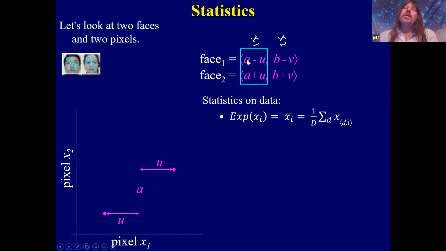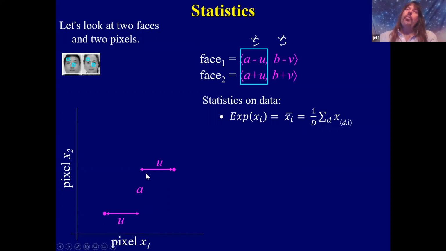For our first image the value is A plus U, and for our other picture it's A minus U. So we have two pictures, one with value A plus U and one with A minus U.